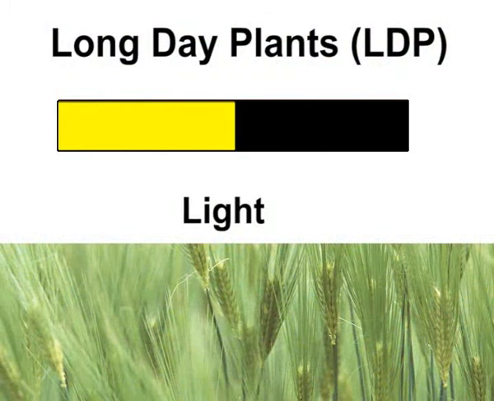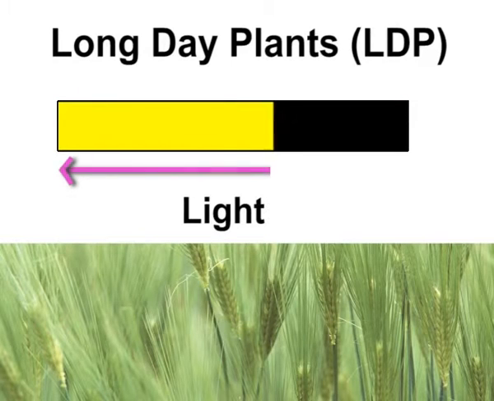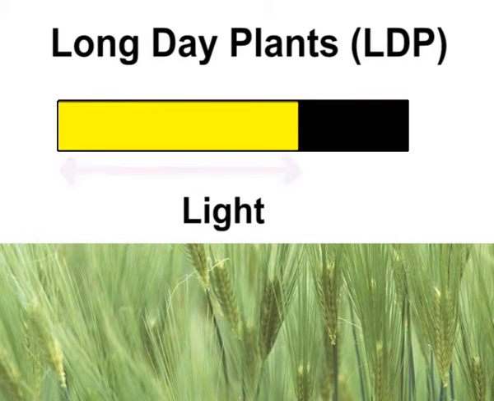Long-day plants, LDP, are those plants which require a long period of exposure to light in order to produce flowers. Usually, 16 hours of light are given in the laboratory to such plants as compared to 8 hours of darkness.